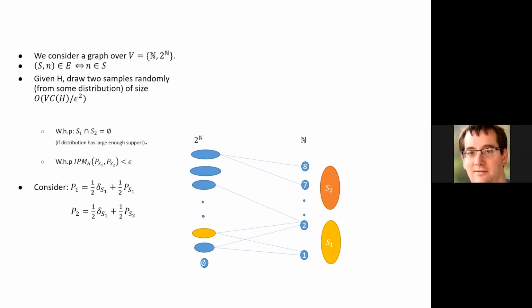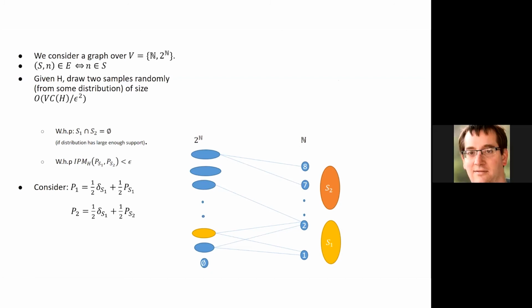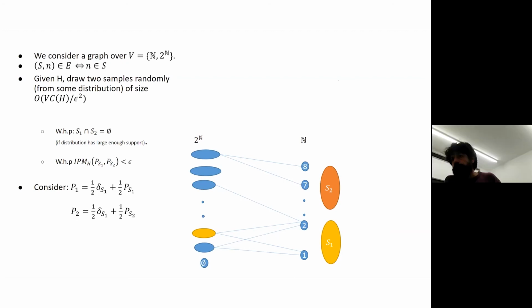So your hypothesis class is a single hypothesis, and it is one on the right side. Okay. Wouldn't that distinguish P1 and P2 also? With probability 1/2? Why? S1 has probability... So if you draw samples from P1, you see one with probability 1/2. And if you draw from P2, you see one with probability 1/2 also. Or maybe I didn't understand the example.